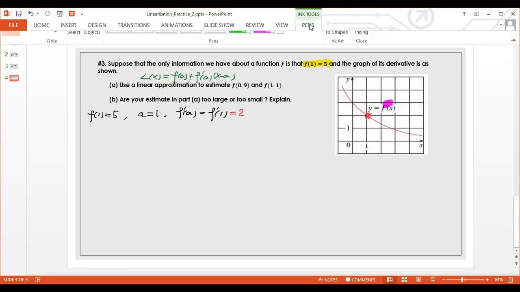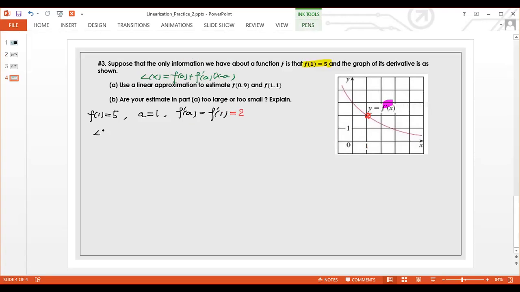Okay, so now let's try to write the linear approximation. So I said L(x) is equal to f of a, which is 5, plus f prime of a, which is 2, times x minus 1. So this is my linear approximation, right? We did a lot of practice in our first video. Now they want us to estimate f(0.9).